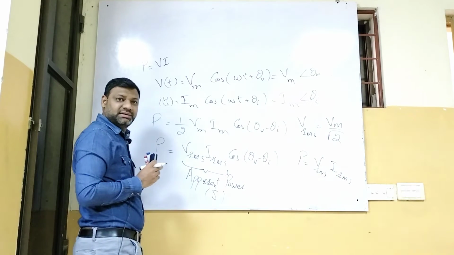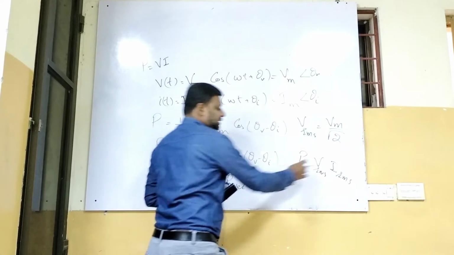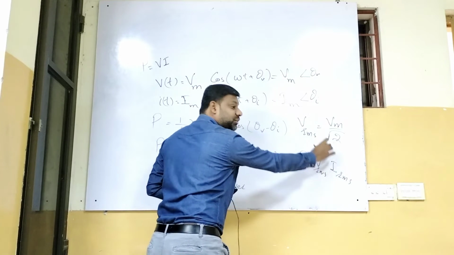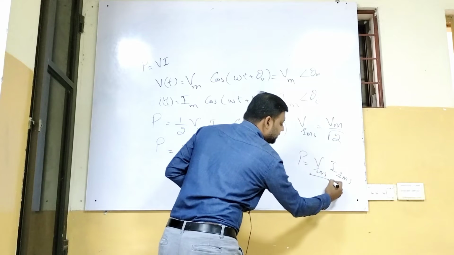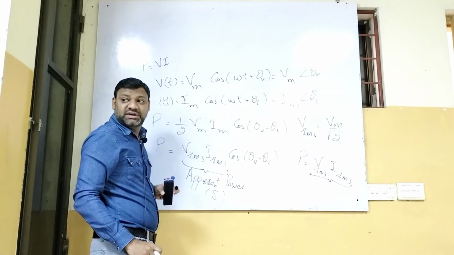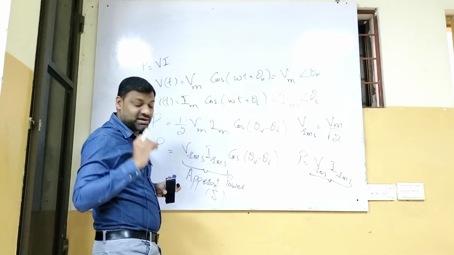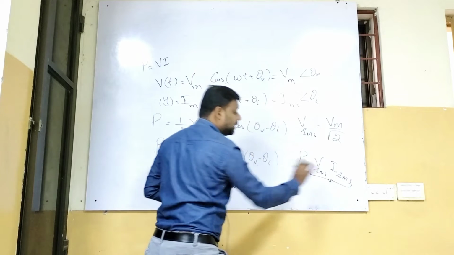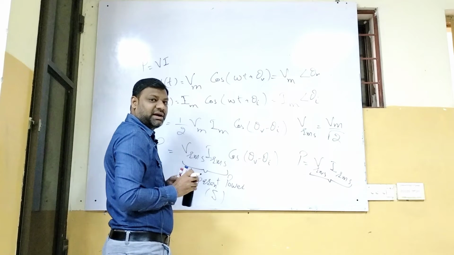DC transform to AC or AC transform to DC. So this is the power. If instead of an AC signal I apply a DC, then this will be the power. Agreed or not?